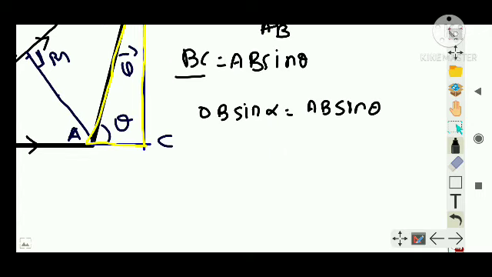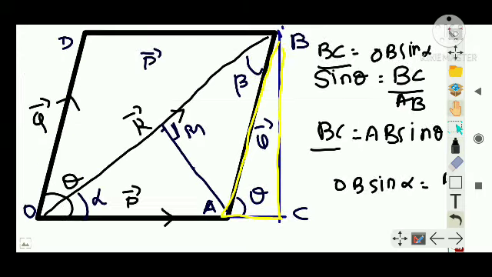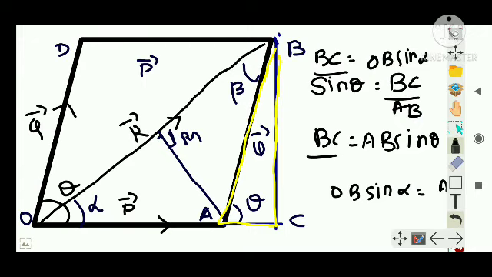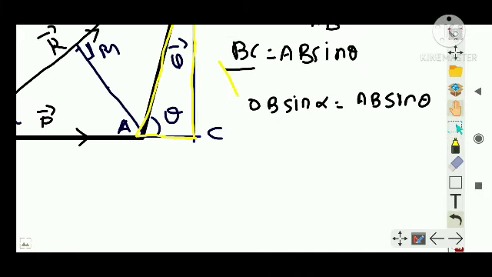Now, what is OB and AB? Let's look at the figure itself. This is OB, right? Clear? OB is the r vector, so I will write R sine alpha is equal to... Now what is AB?